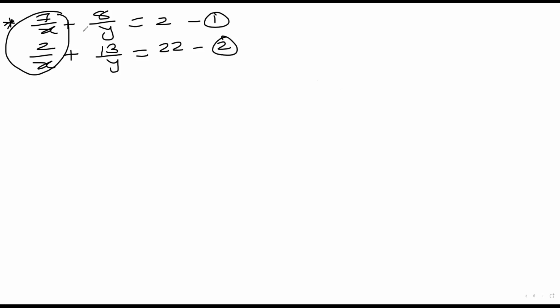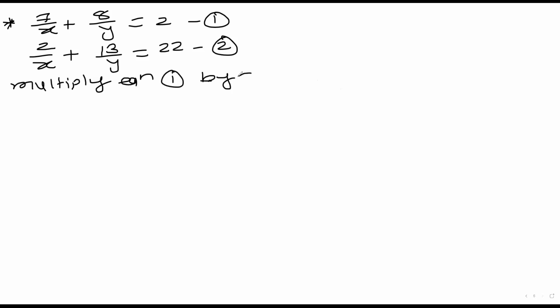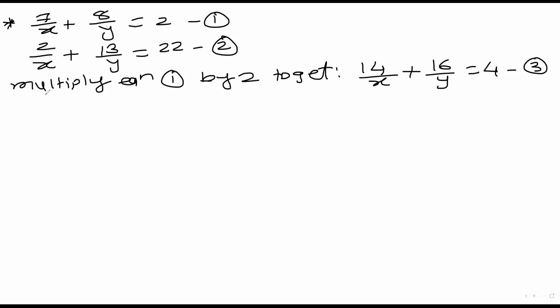So what we will try to do here is multiply equation 1 by 2 to get, what do we get if you multiply equation 1 by 2? 14 upon x plus 16 upon y is equal to 4. Let us call this equation 3.